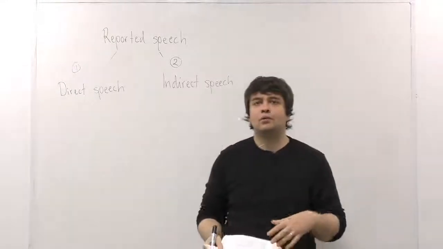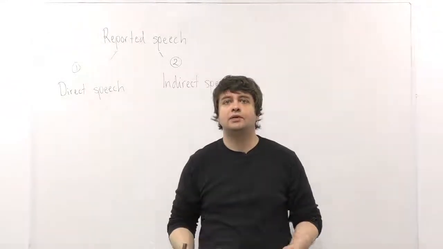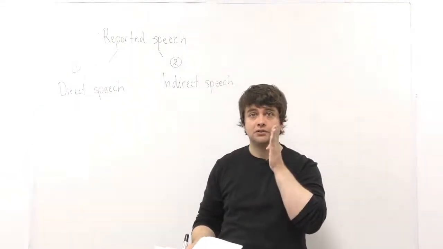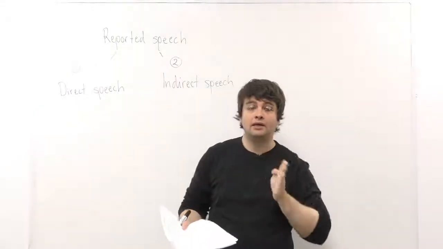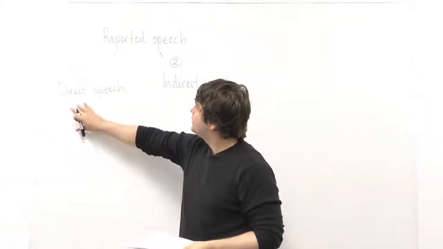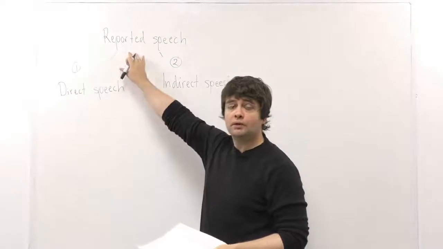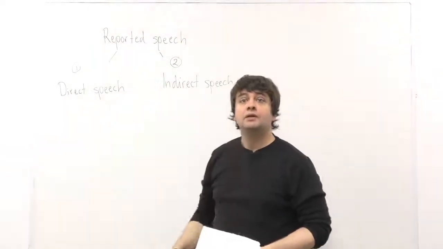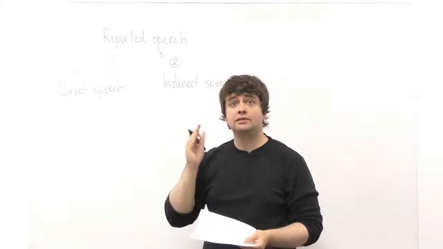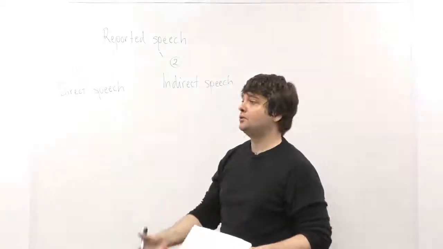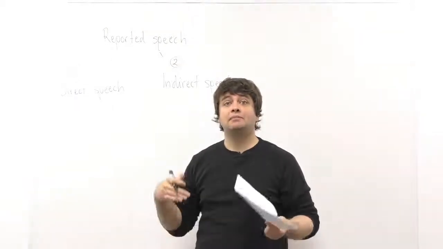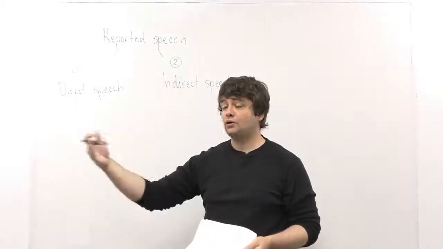And kind of a simple way to think about this is related to those gestures that I just used, actually. Direct speech and then indirect speech. When you use direct speech to report what somebody said, you just quote what the person directly said to you. So if John said, "I am sick," and then he goes home.